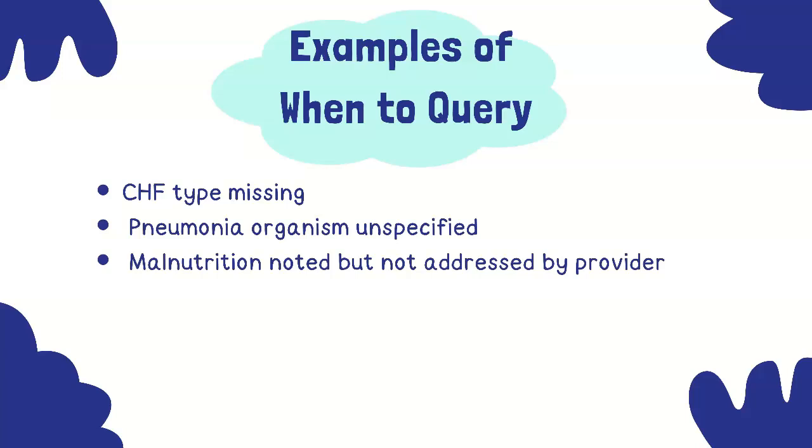And then lastly, there can be a situation where a dietitian's documentation says severe malnutrition based on objective criteria, but the provider doesn't address or validate the diagnosis in their notes. Now, remember, and I don't know the number of the guideline, but it's in the general coding guidelines, there is a guideline related to documentation from professionals other than the provider.